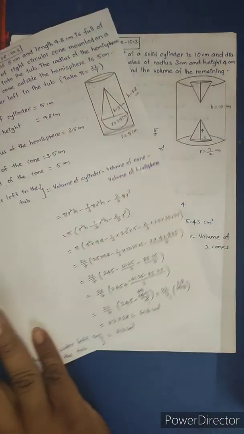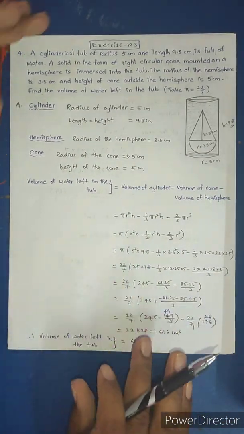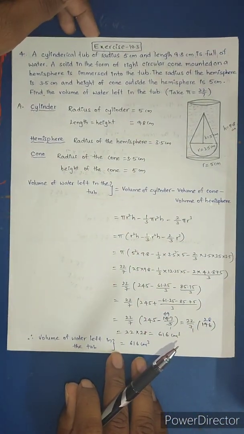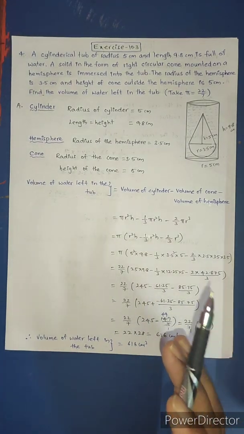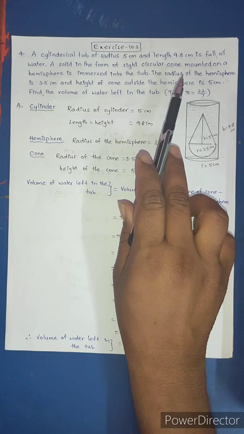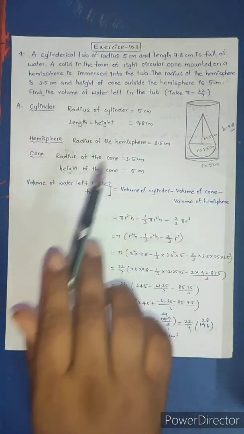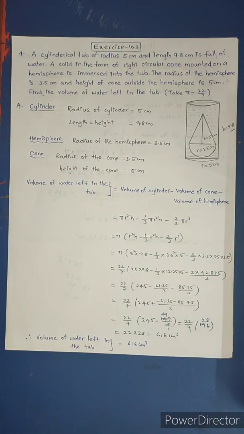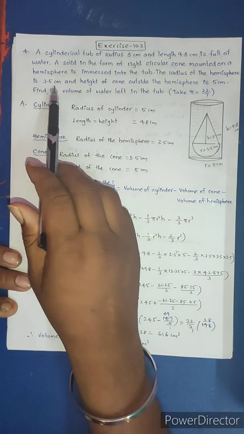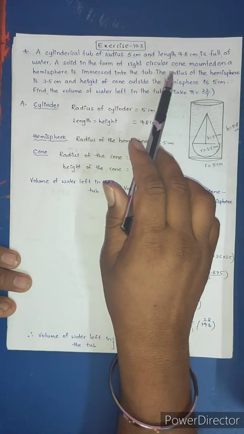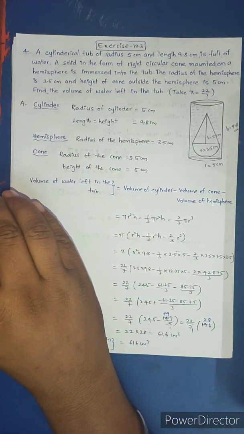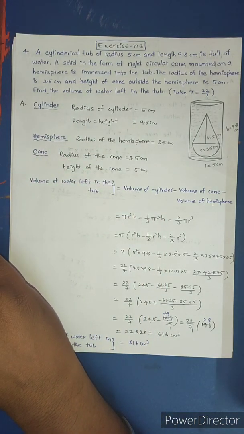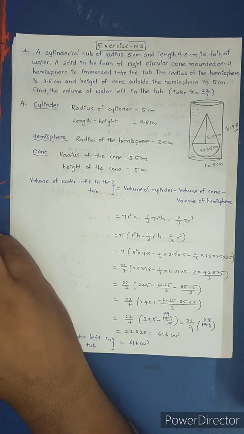Okay. Now next, fourth problem. A cylindrical tub of radius 5 centimeter and length 9.8 centimeter is full of water. This cylindrical tub full of water. Okay. A solid in the form of right circular cone mounted on a hemisphere. Two shapes already they join. One is hemisphere and another one is circular cone.